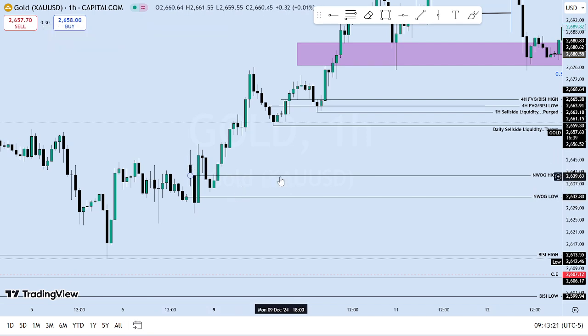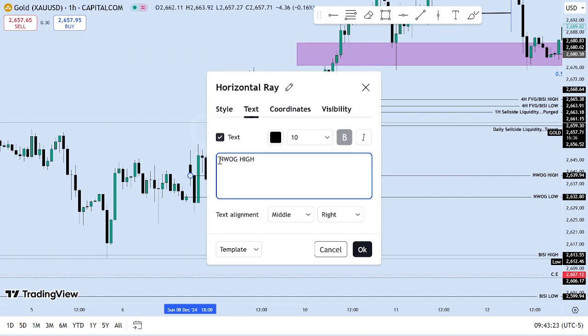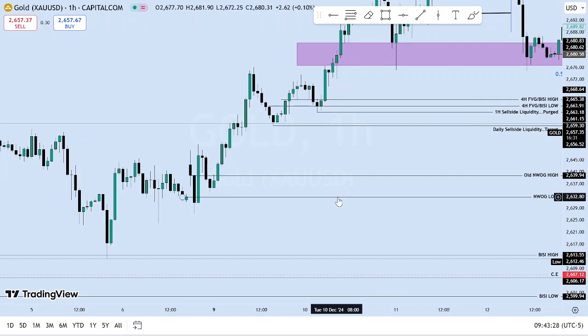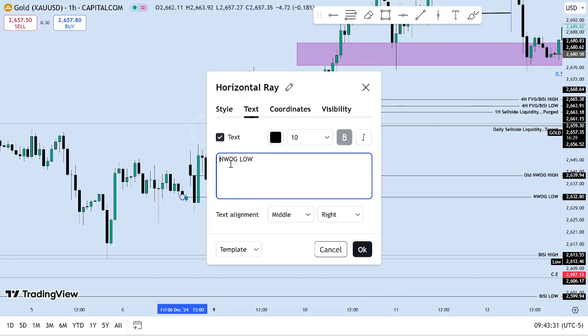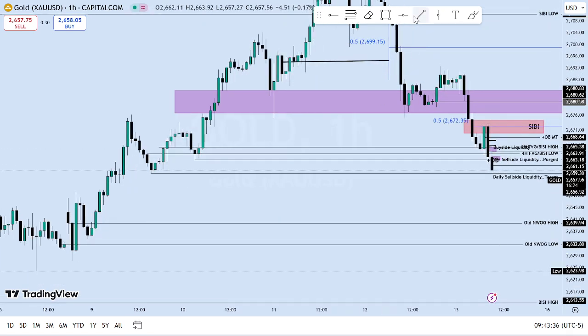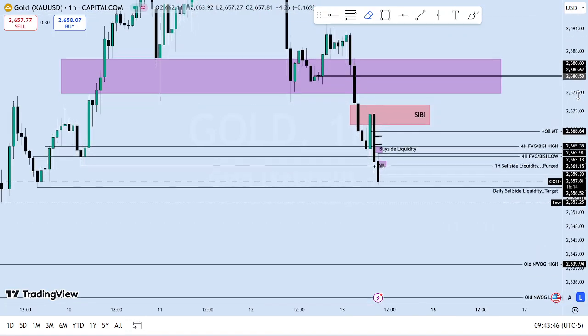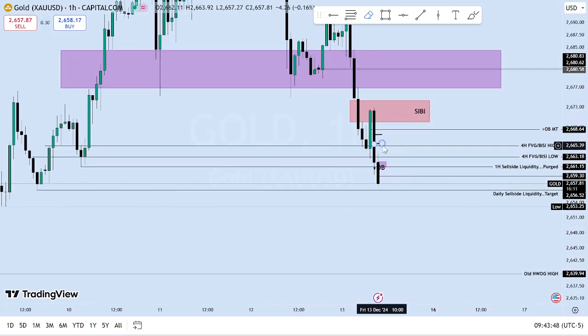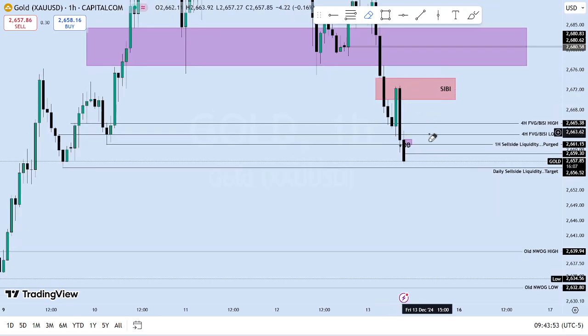It's a new week opening gap. New week opening gap. For our fair value gap.